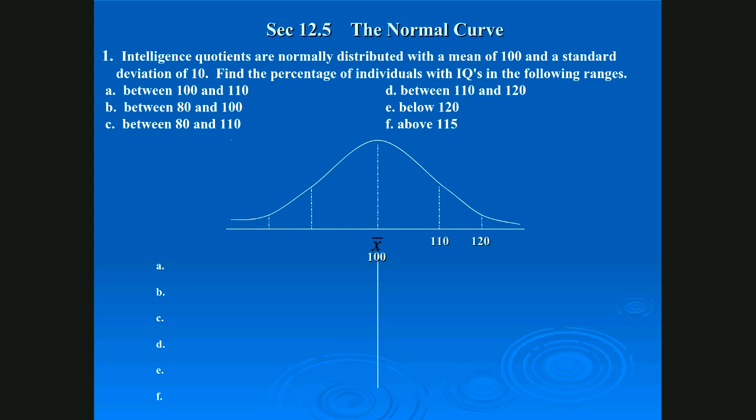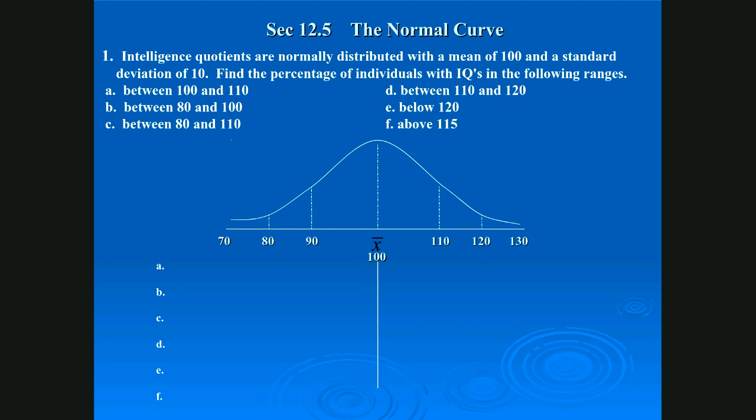If we go another standard deviation to the right, 3 standard deviations away from the mean, we would be at 130. 1 standard deviation below the mean, we take 10 away from 100, we get 90. 2 standard deviations below the mean, we're going to be at a score of 80. And 1 more standard deviation below the mean, we subtract 10, we're at a score of 70.